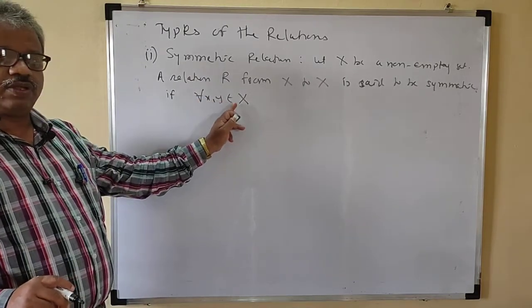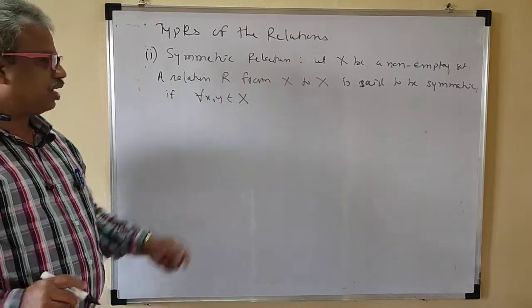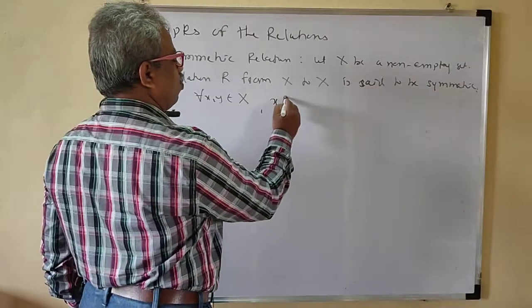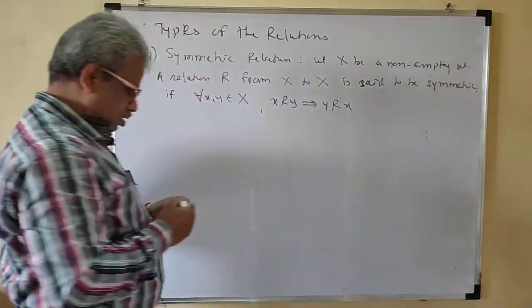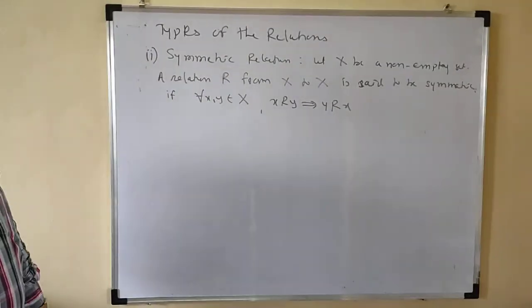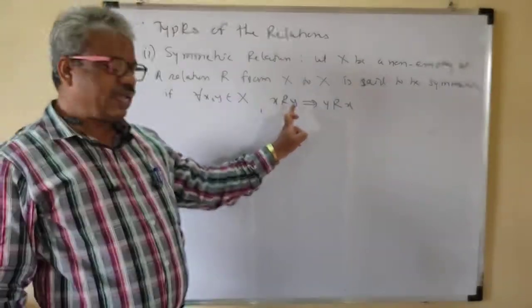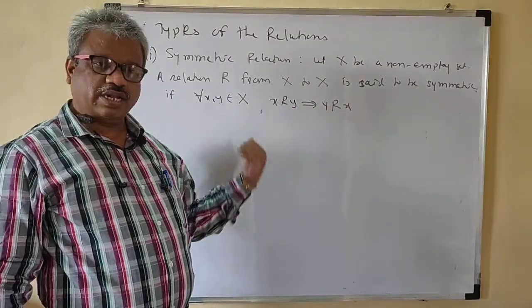That means for any x, y belonging to X, x is related to y implies that y is related to x. So whenever x is related to y, y is also related to x.